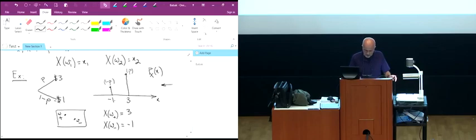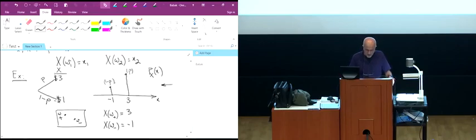So at the end of each trade, my profit or loss is either -1 or 3.